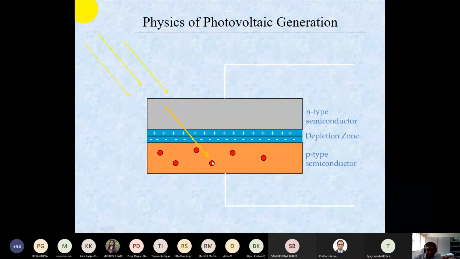But this charge particle, the energy carrying particle, has to come out from the material. Otherwise it will move within the material and lose its energy, and that energy will be converted into heat only.